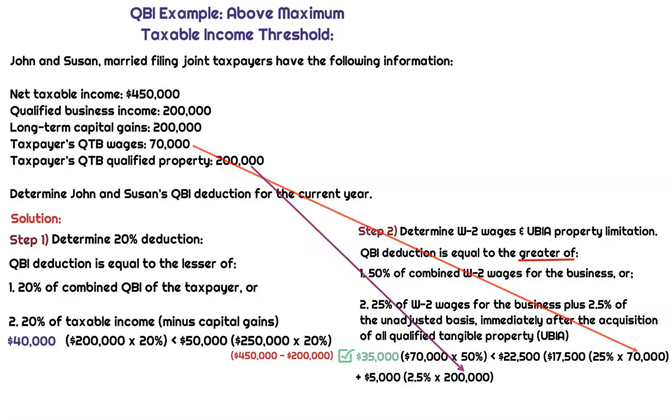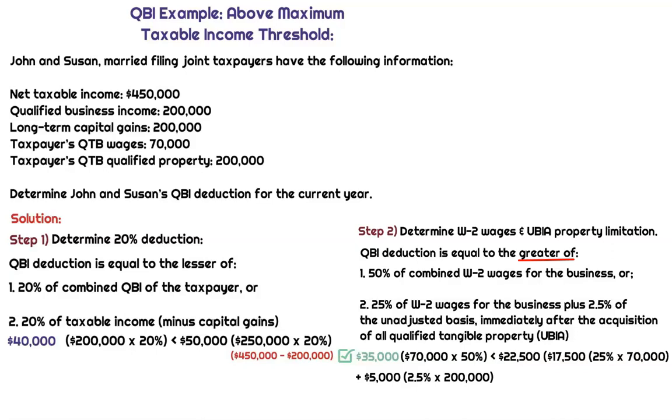50% of the QTB's wages is going to be $35,000, right? 70,000 times 50%. That's being compared again to 25% of 70,000 plus an additional 2.5% times 200,000. So what is the greater of the two? Well, we're comparing 35,000 to the sum of 17,500 plus 5,000, which is 22,500.